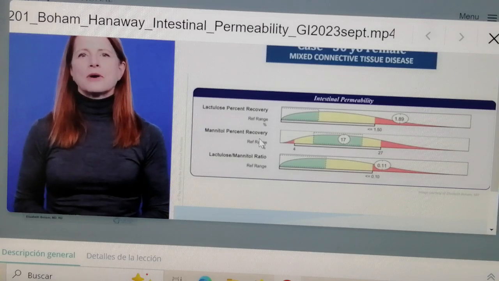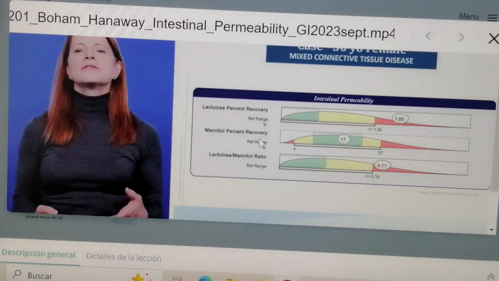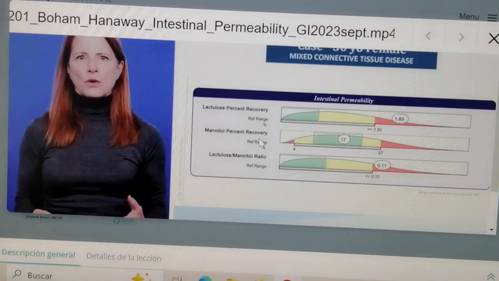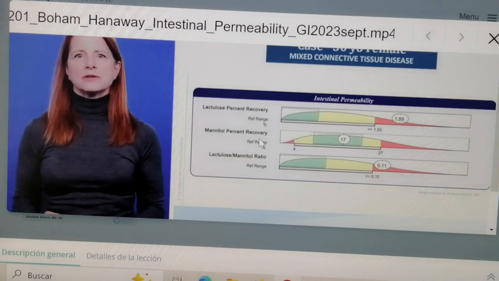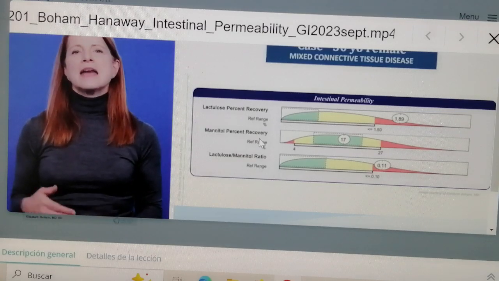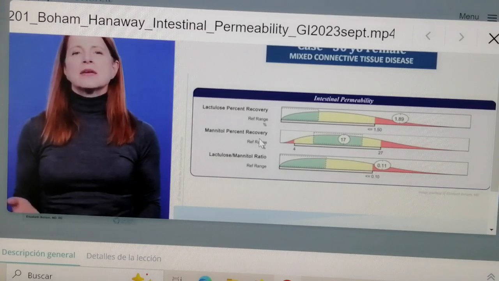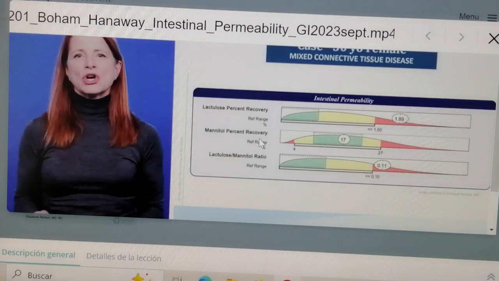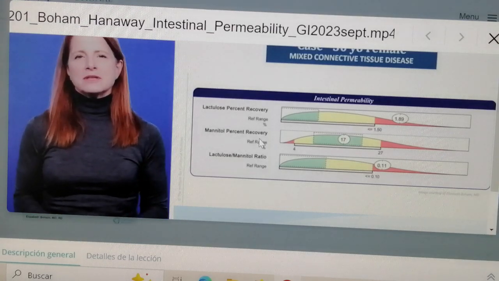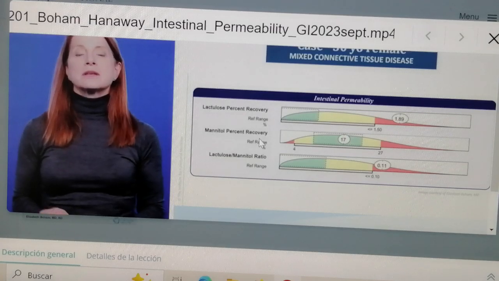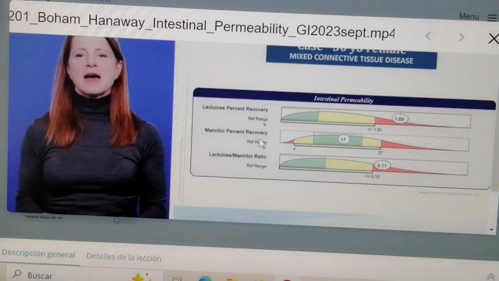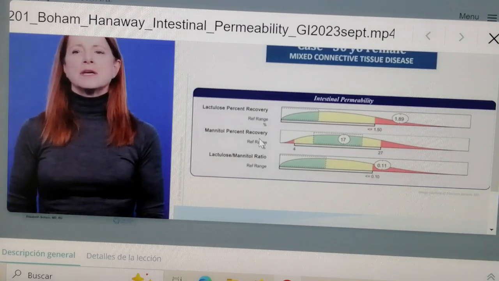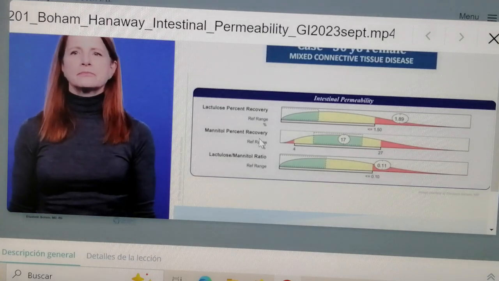And what it tests for is if lactulose is absorbed too much, and lactulose goes paracellularly, between the cells. And if there's too much lactulose that gets absorbed and released in the urine, then that's a sign of increased intestinal permeability. So it looks at the amount of lactulose and mannitol and the ratio, and you can see here that she has an increased ratio, which is a positive test.